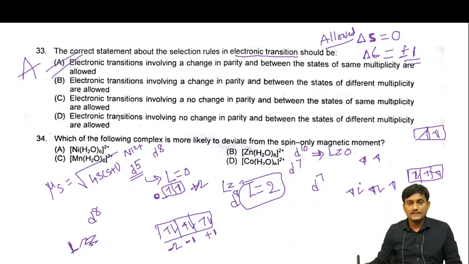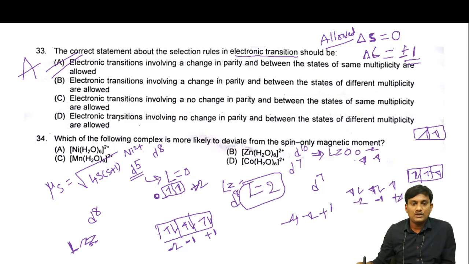So in this case, -2, and this one is -1, and this one is +1, and this one is 0 and -2. So -2 into 2 is -4, -2, and +1, 0 and -2.